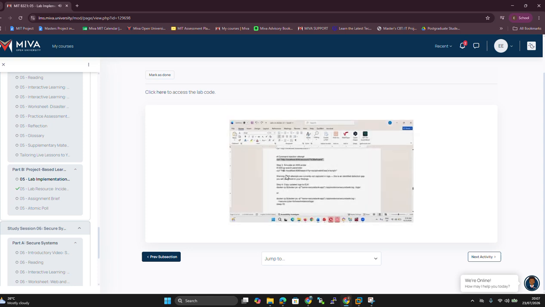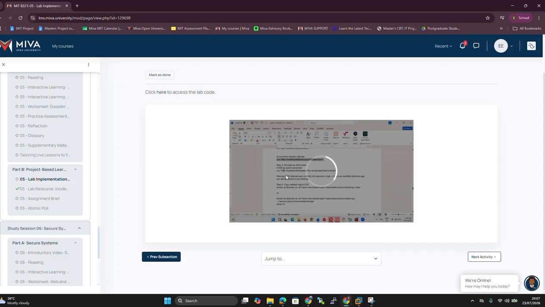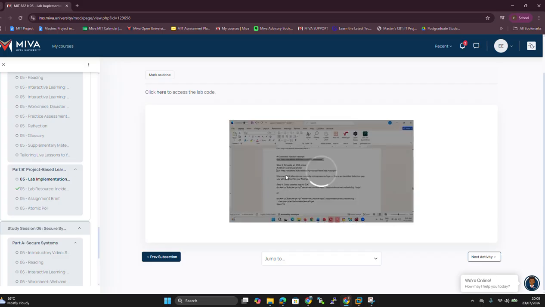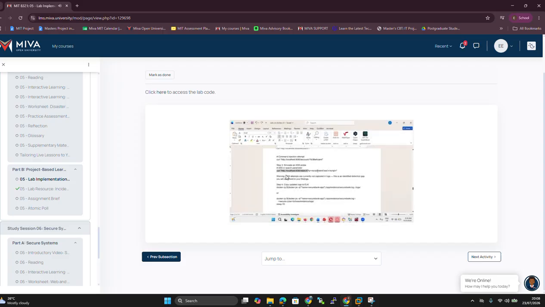The third one, step 3, is where you simulate your cross-site scripting attack, where you run this command.